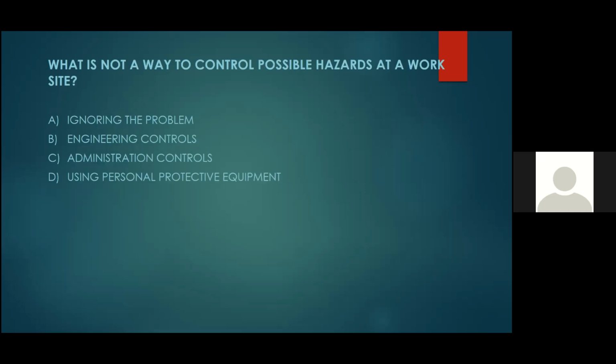Safety, of course, is a big thing, always being safe on the job. What is not a way to control possible hazards at work? Yeah, definitely A. Don't ignore the problem.